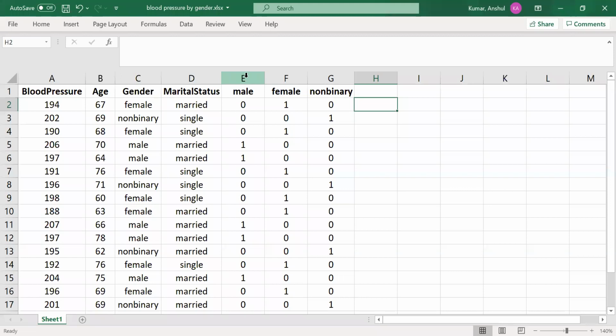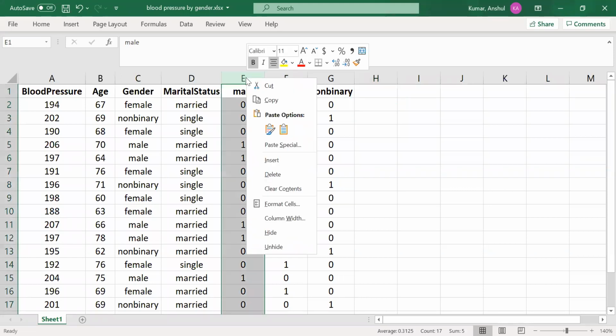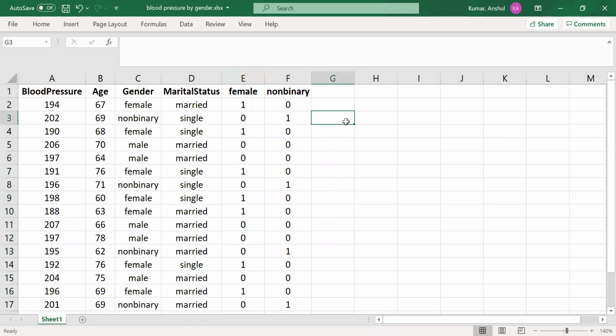And so what we're going to do is we're going to eliminate one of the 3 columns. In this case, we'll eliminate the male column. And now male is gone, but we can still identify all 3 genders very easily. We know the first person is a female because we have this here.